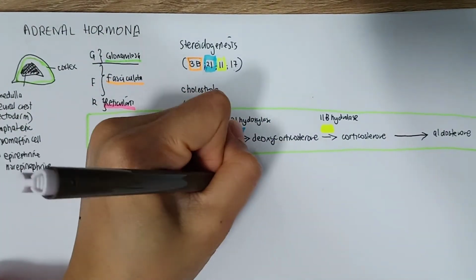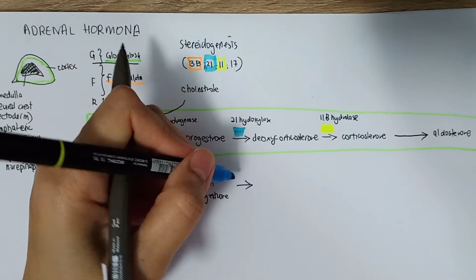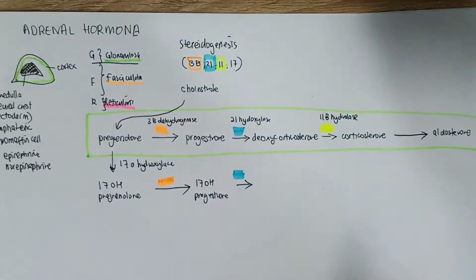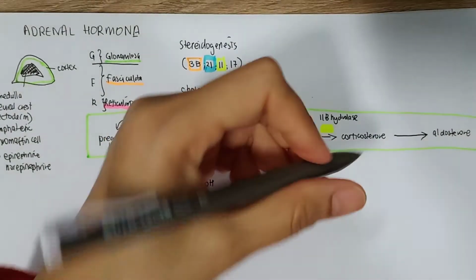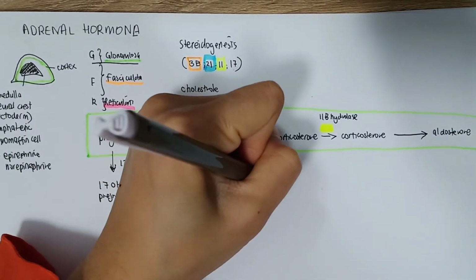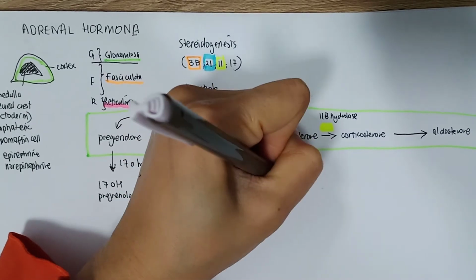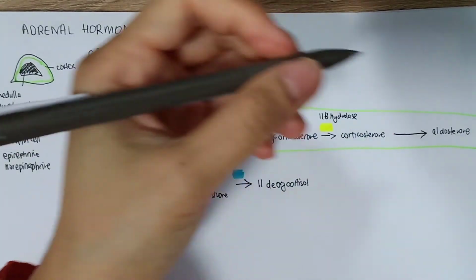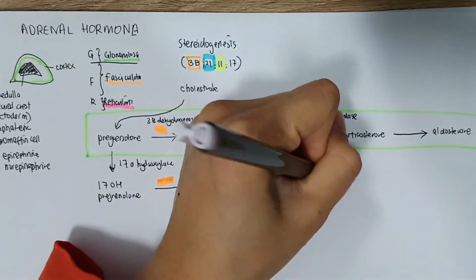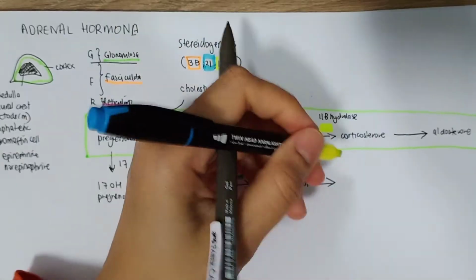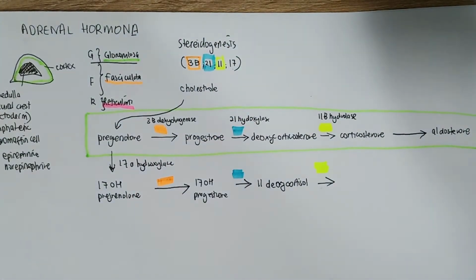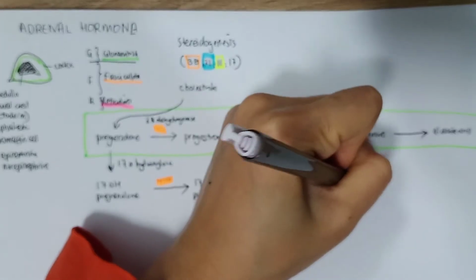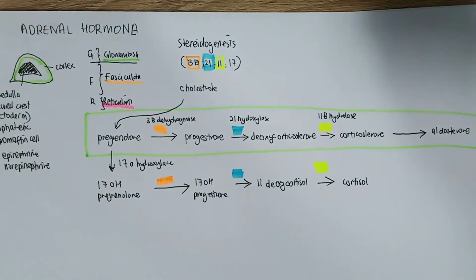And further conversion with the same enzyme, 21-hydroxylase, will produce 11-deoxycortisol. And using 11-beta hydroxylase, it will further convert into cortisol. And this happens in the fasciculata.